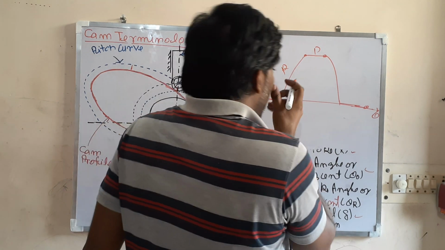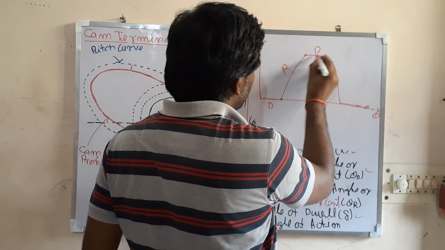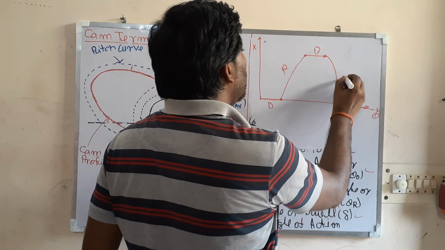So there is a dwell, then rise, then a dwell, then a return, then again a dwell.